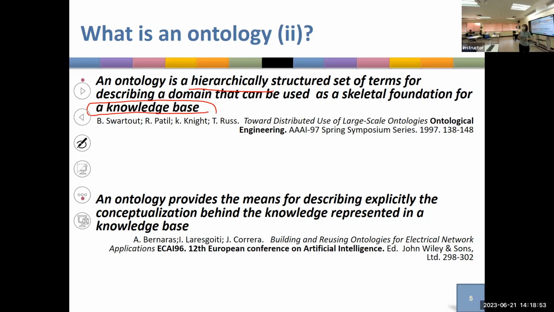For a particular domain, particular application. And what else? Okay, let's move further for another description. Ontology provides the means for describing explicitly the conceptualization behind the knowledge representation in a knowledge base. Okay, this doesn't add more.